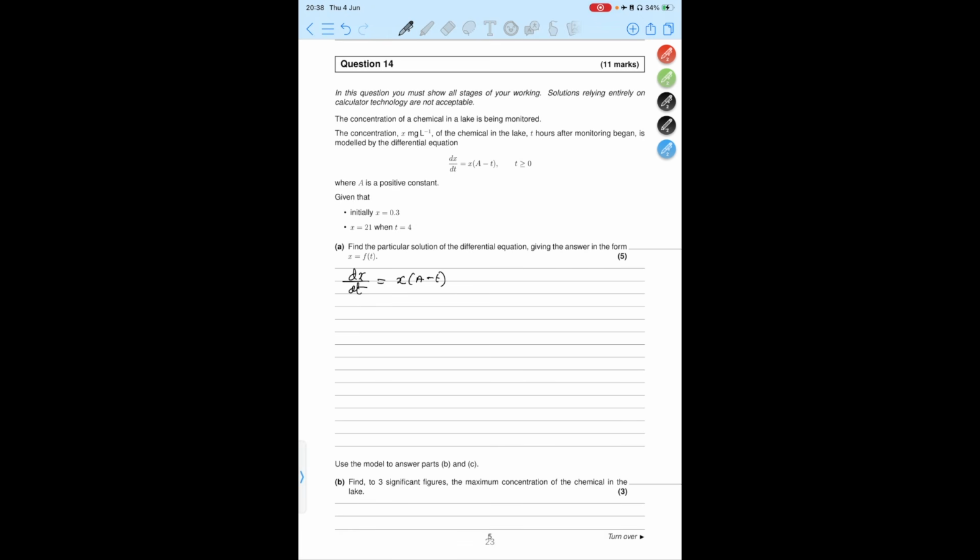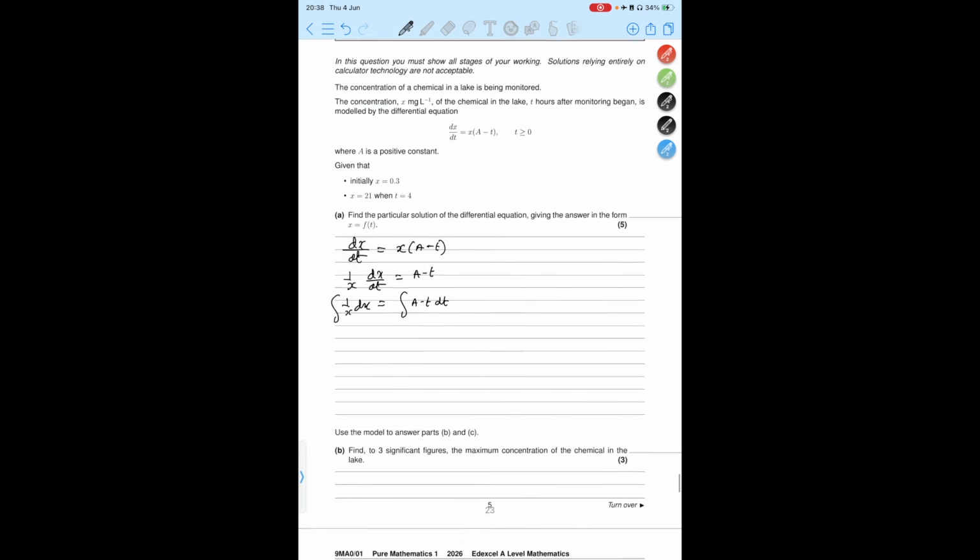We're going to divide by x, so we get 1 over x dx by dt is equal to a minus t. And we're going to integrate with respect to t on both sides. So that gives us 1 over x dx equals (a minus t) dt.